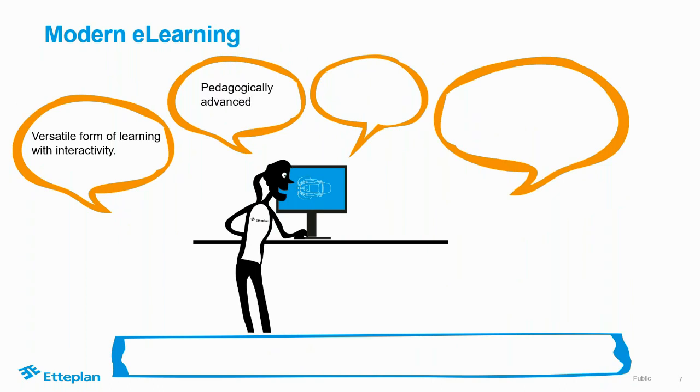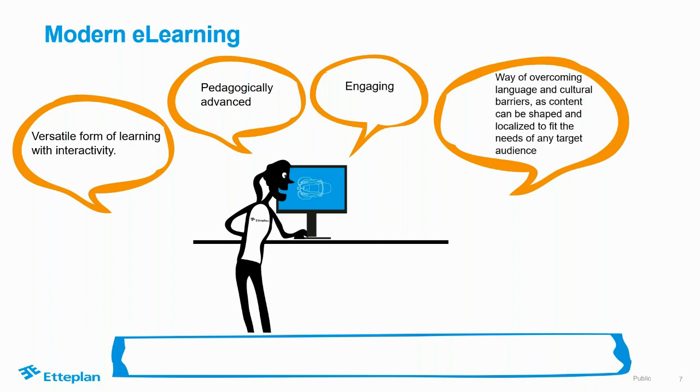Modern e-learning is an extremely versatile form of learning with interactivity and engaging material. Pedagogic content creation restructures and presents the information in a way that maximizes the learning results.